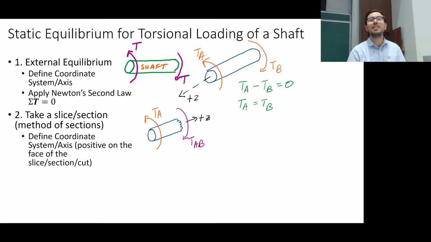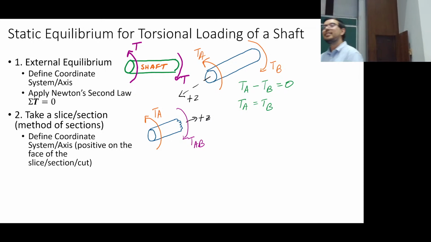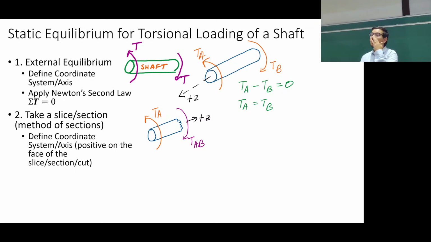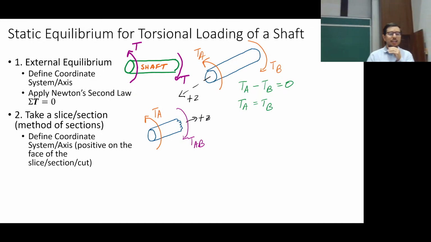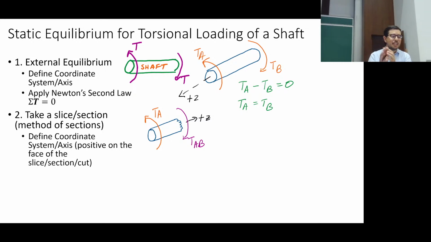Yes. What are you saying? I don't know if I'm asking it right or not, but does the direction of TAB depend on the center of the shaft? If it's after the center of that thing, it's in the same direction. If it's before, it's in the opposite direction. Yeah, so a couple things. The first thing, I think you didn't say this, but I thought you might have said this.